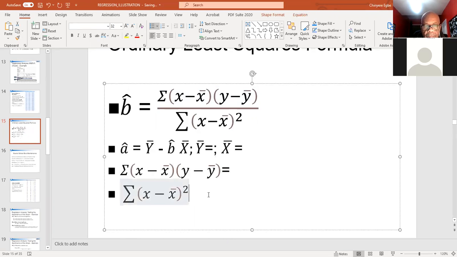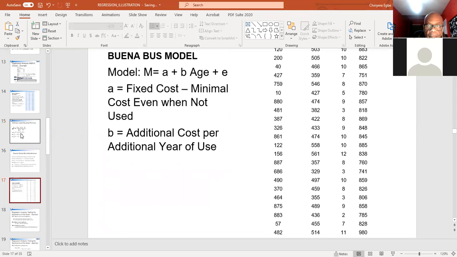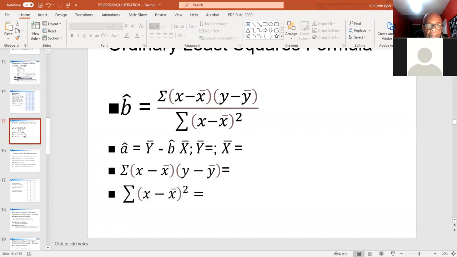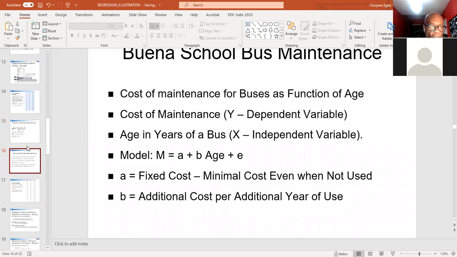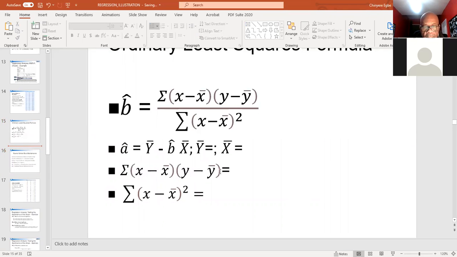All right, and this will be equals. Okay, so now how do we get all these numbers? So let us start. How do we get all these numbers?